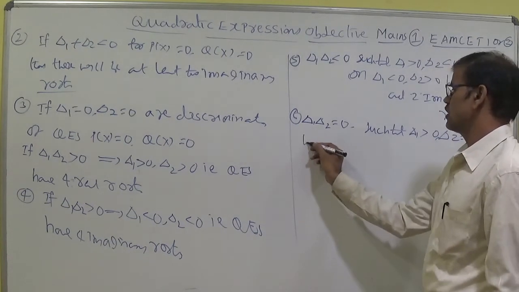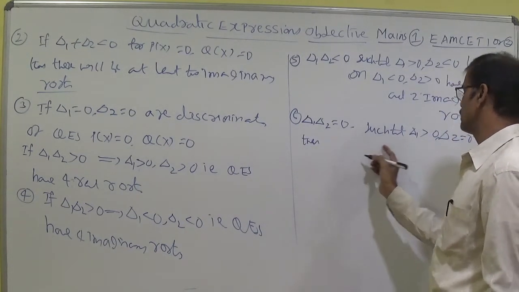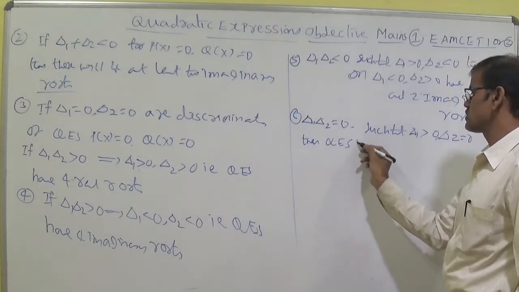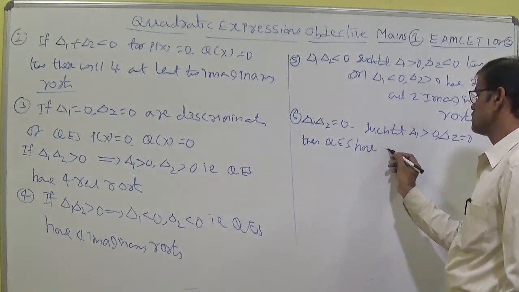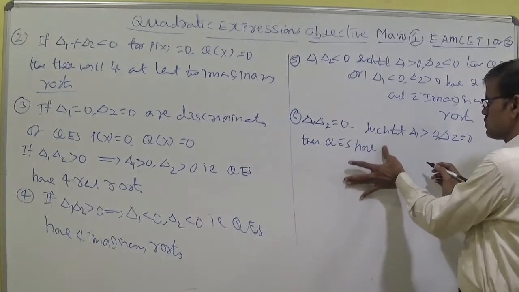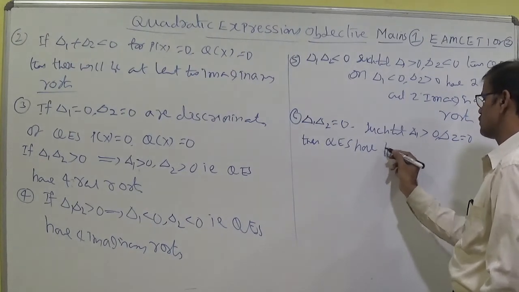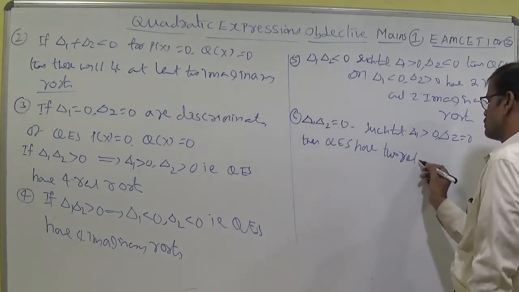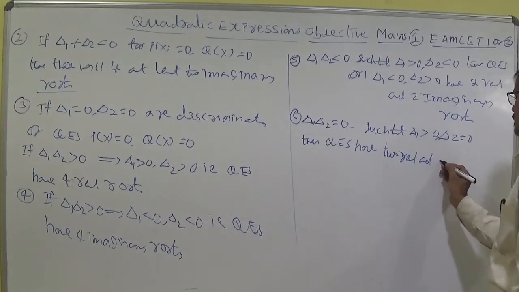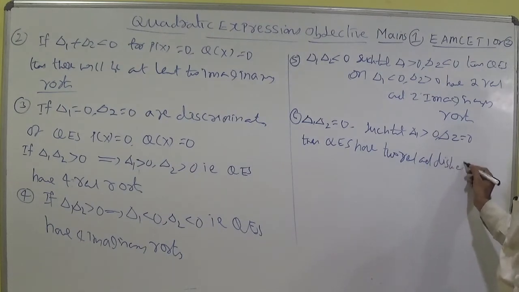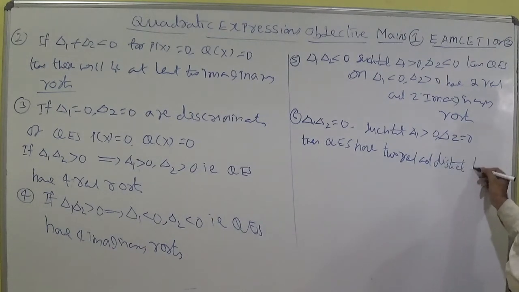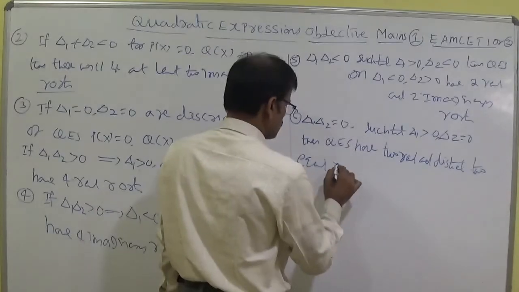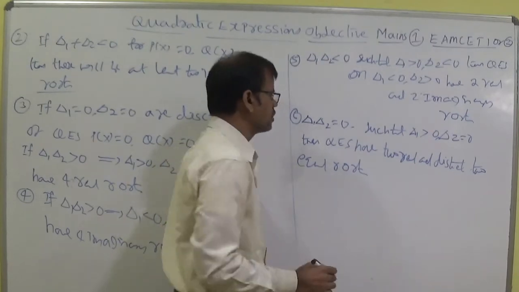Then if delta 1 greater than 0 and delta 2 equal to 0, then for the first quadratic equation, two real roots, you can write two real and distinct, and for the other, two equal roots.